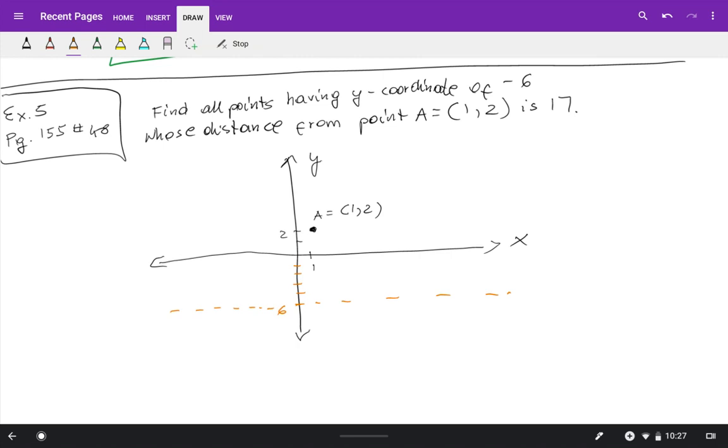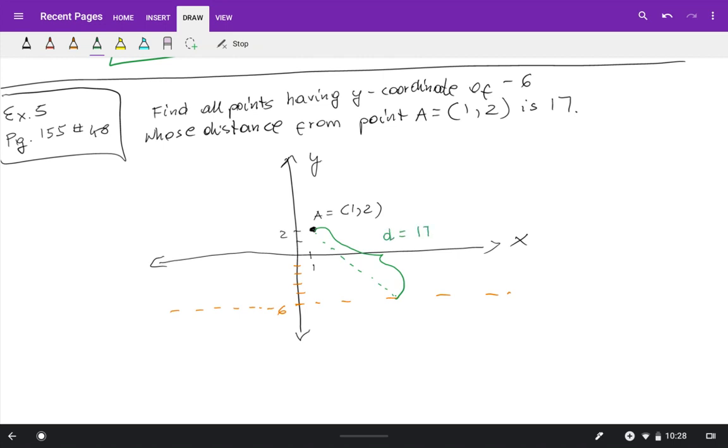Okay, so we're trying to find the point which has a distance 17 from the given point. Since the y coordinate will be negative, we'll just draw the segment going down. This is just a sketch, but we know that the distance between this point and this point is 17 units.